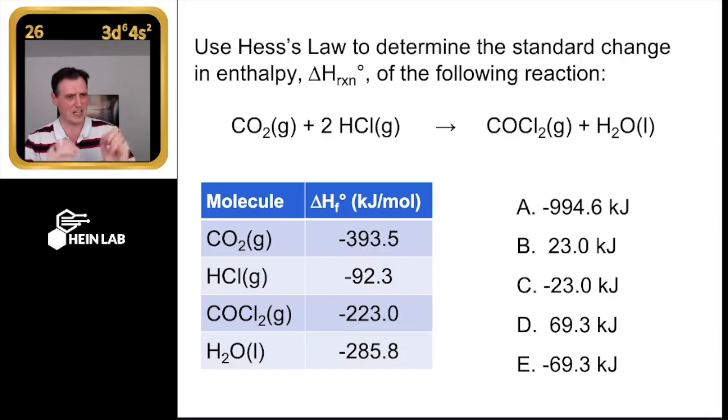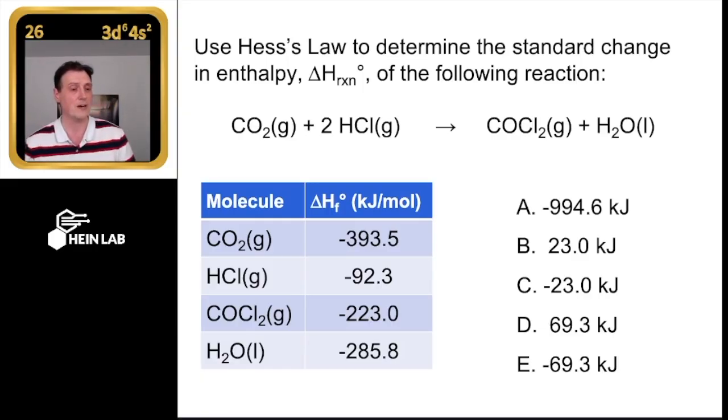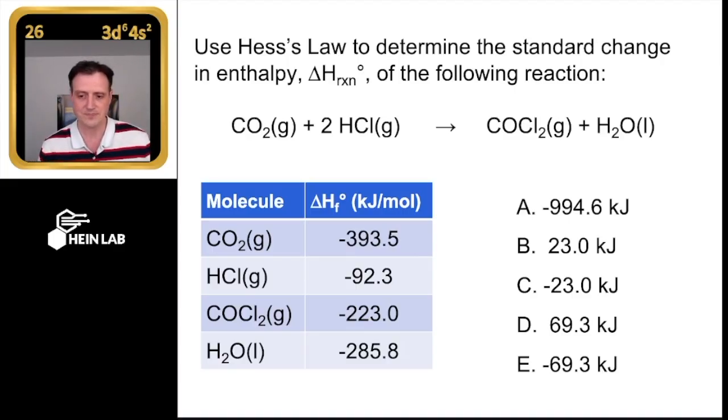If you look at the actual magnitude, 400 plus 2 times about 100, that's about 600 on the starting material side, and about 500 on the product side. My guess would be we're looking at a positive number. Even doing that exercise up front, based on the numbers and the setup, helps you do that quick gut check, right?